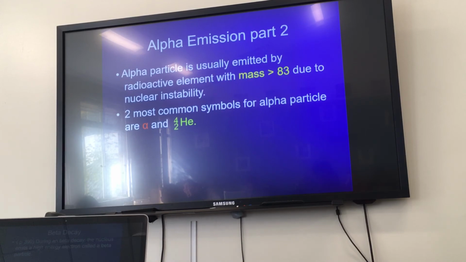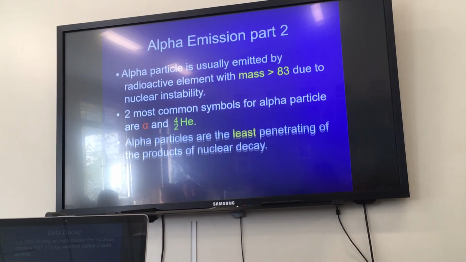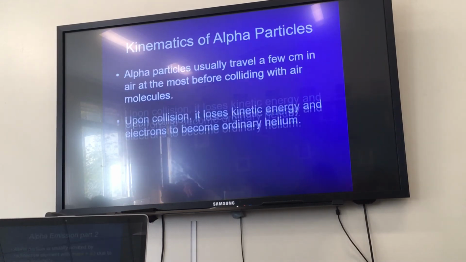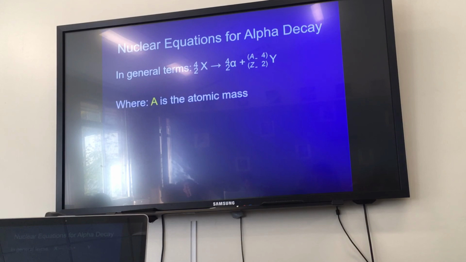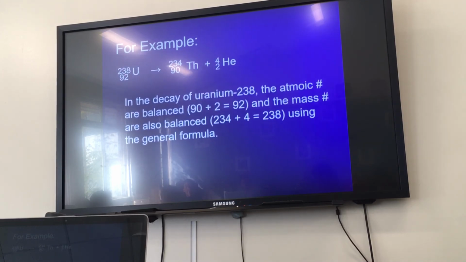Often things that are high numbers are the ones that are radioactive. We don't care about any of this right now, and you don't have to worry about that. Here's another example of alpha decay, which is the same thing as writing alpha 4, 2.